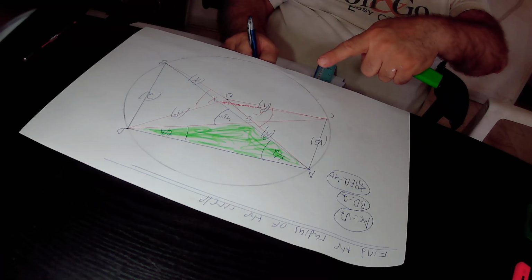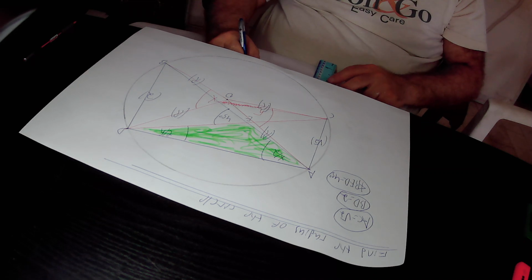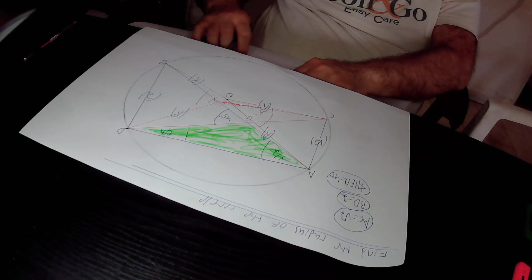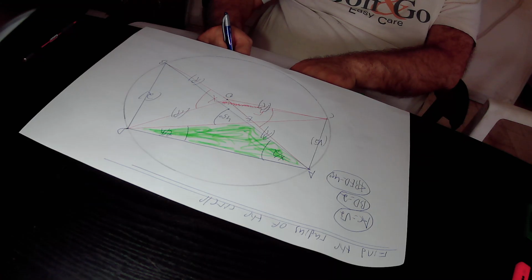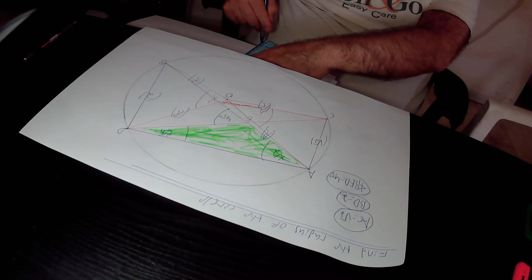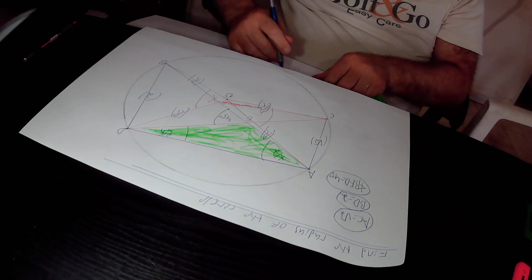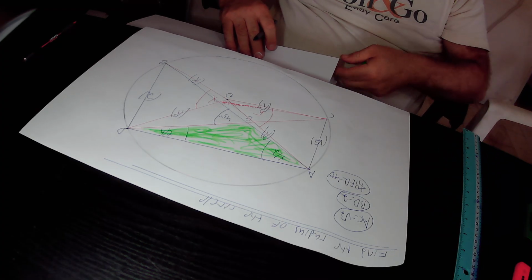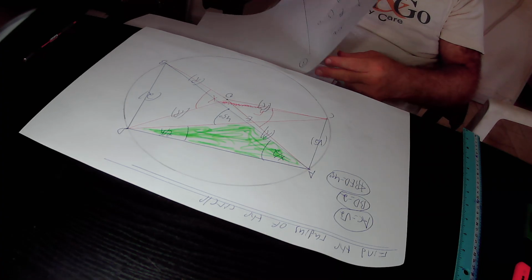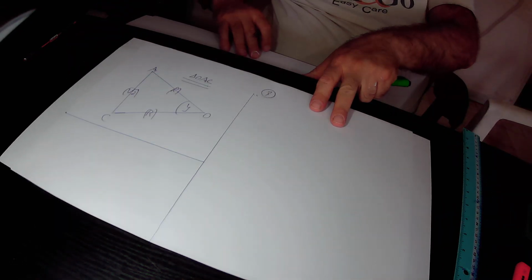OA equals R, and OC also equals R. So actually, this is triangle OAC, according to the original drawing.